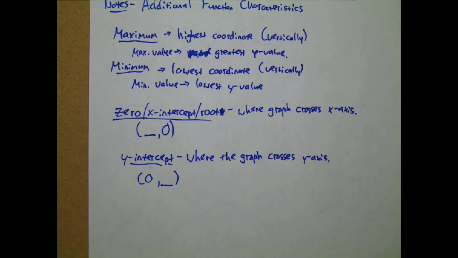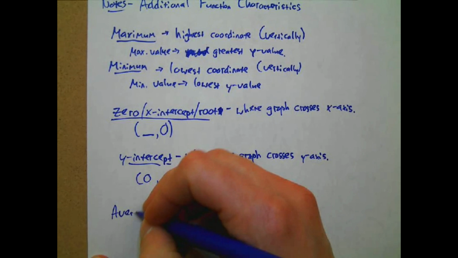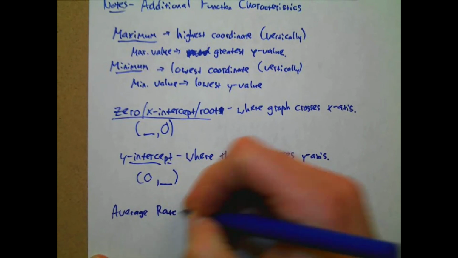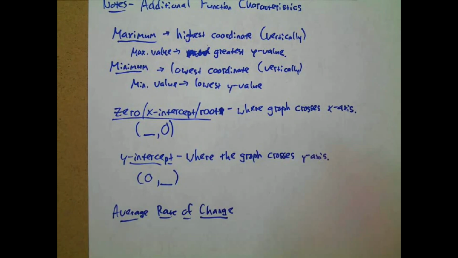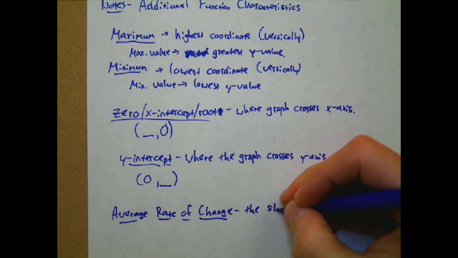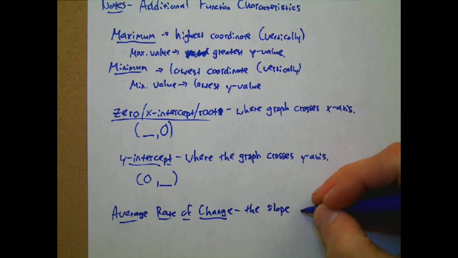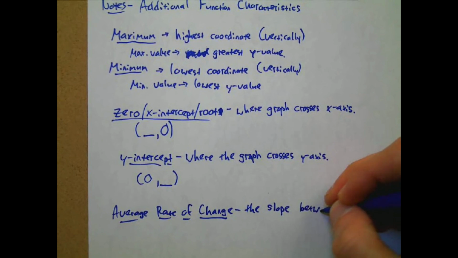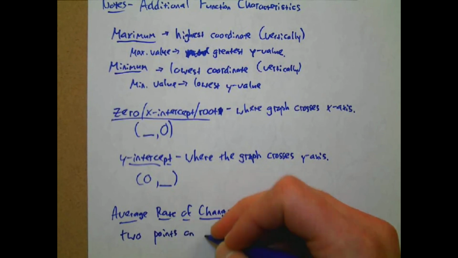The last little concept here, which is a separate thing that I just wanted to make sure we've talked about, is this other thing that's going to show up again and again. Okay, it is average rate of change. It is the slope between 2 points on a function.